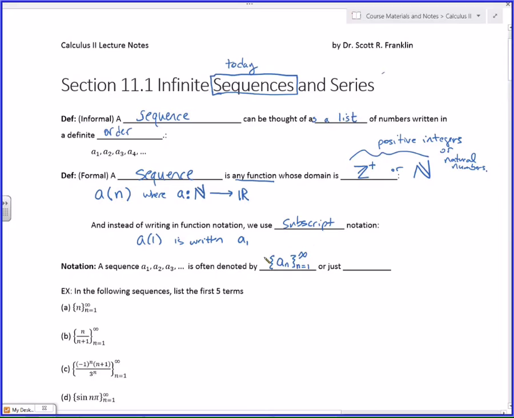That's the notation I'm going to use to describe a sequence. And what's inside here is the function. And this just says where my n starts and where it goes. So that's the sequence a sub n as n goes from 1 to infinity. Or sometimes I'll leave off the 1 to infinity and it's implied.